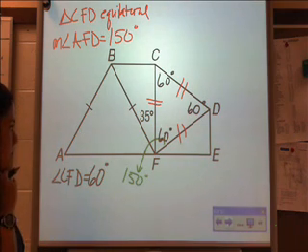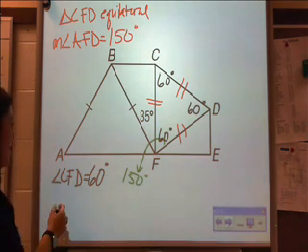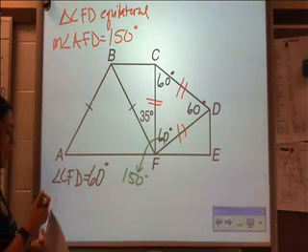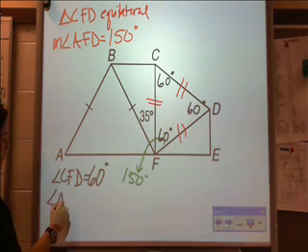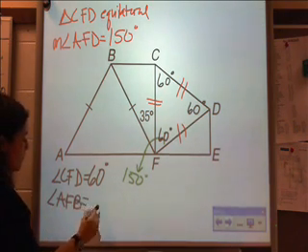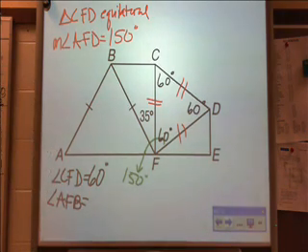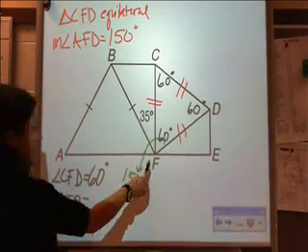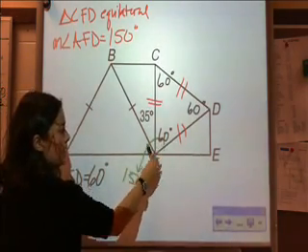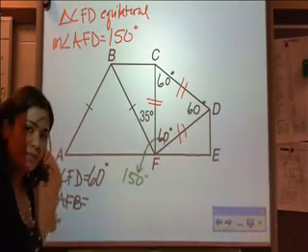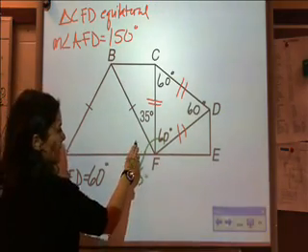Let's do angle 5. Angle AFB. How can we find angle AFB? Well, if I know that this whole green angle here has to be 150 degrees, then I can find this.